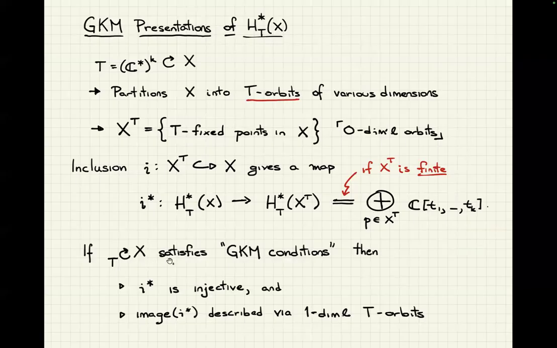So if the action of T on X is nice, if it satisfies certain things that I will not be defining called GKM conditions, one of them is that this set of fixed points should be finite, then first off, this map i* is injective. And what that means is that you can realize your equivariant cohomology ring in terms of tuples of polynomials. So that's nice.